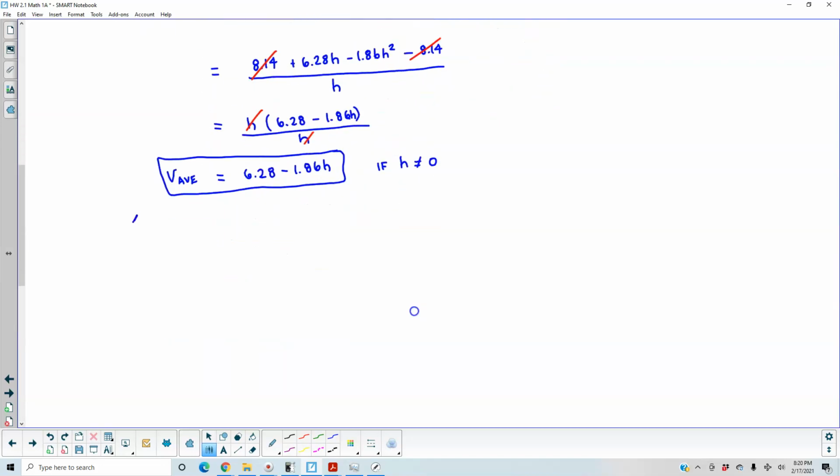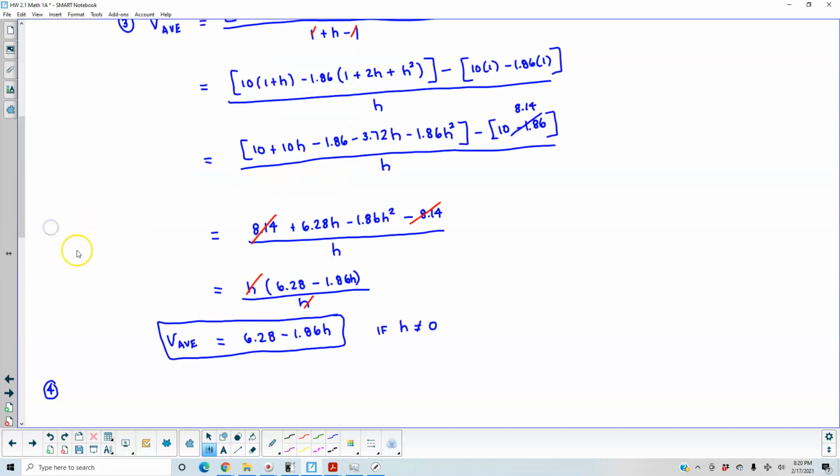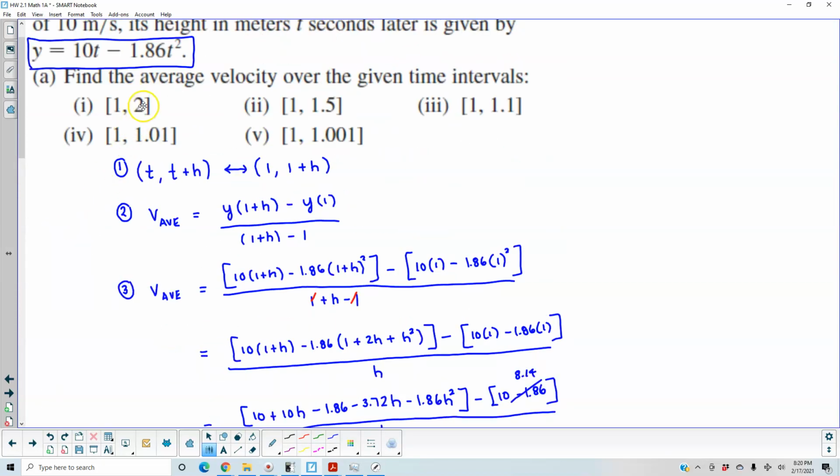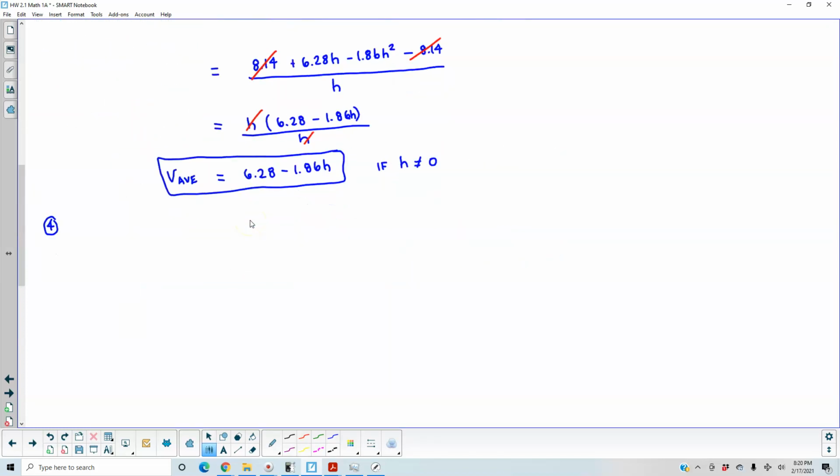So now in step number 4, we know that we have h. And so the first one, h is going to equal 1. And then 0.5, 0.1, 0.01, and 0.001. So when h is equal to 1, then we want to find the average velocity for when we have 6.28 minus 1.86 times 1.